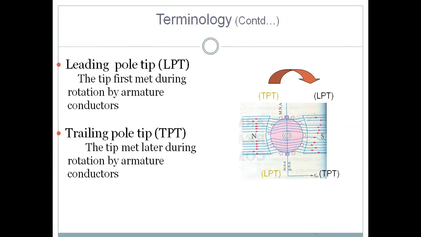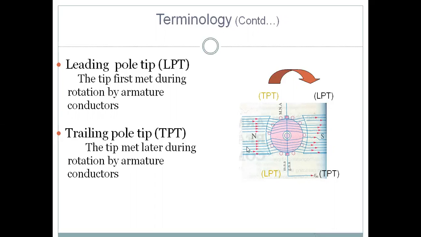Then this pole tip becomes LPT. Remember, this is TPT for clockwise direction. But when it is rotating in anti-clockwise direction, now TPT is not fixed. It depends on rotation of the armature conductors on the armature core.